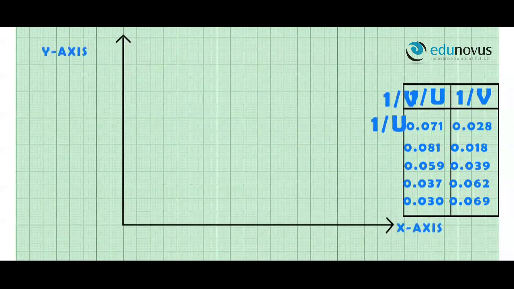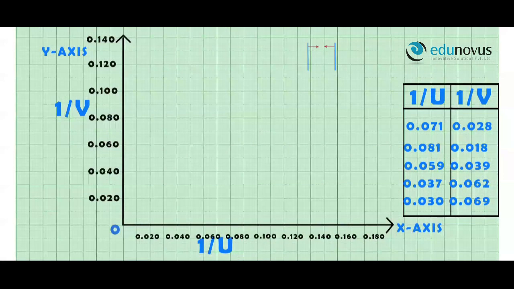Now, we plot another graph, that is 1 by u versus 1 by v, by considering 1 by u on the x-axis and 1 by v on the y-axis.